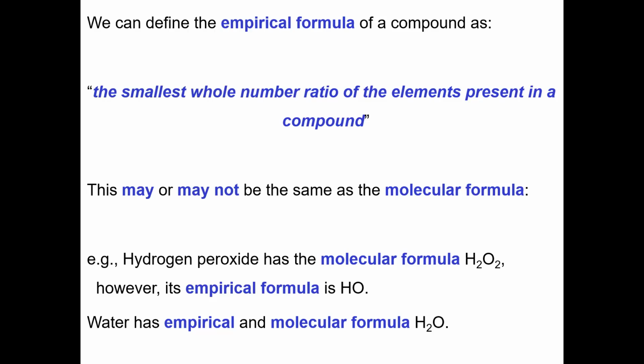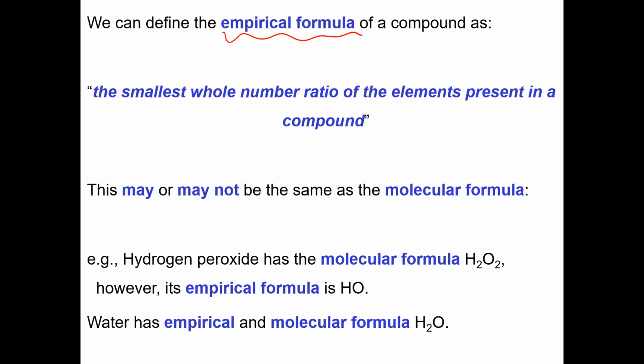We can define for a particular compound what is referred to as the empirical formula of the compound, and that is the smallest whole number ratio of the elements present in a compound. This may or may not be the same as the molecular formula. Sometimes it is smaller than the molecular formula.